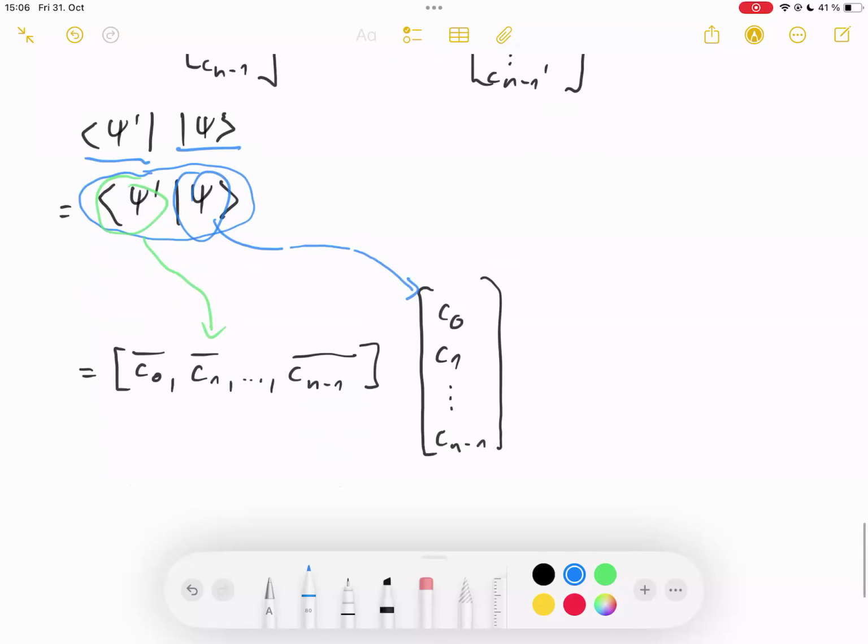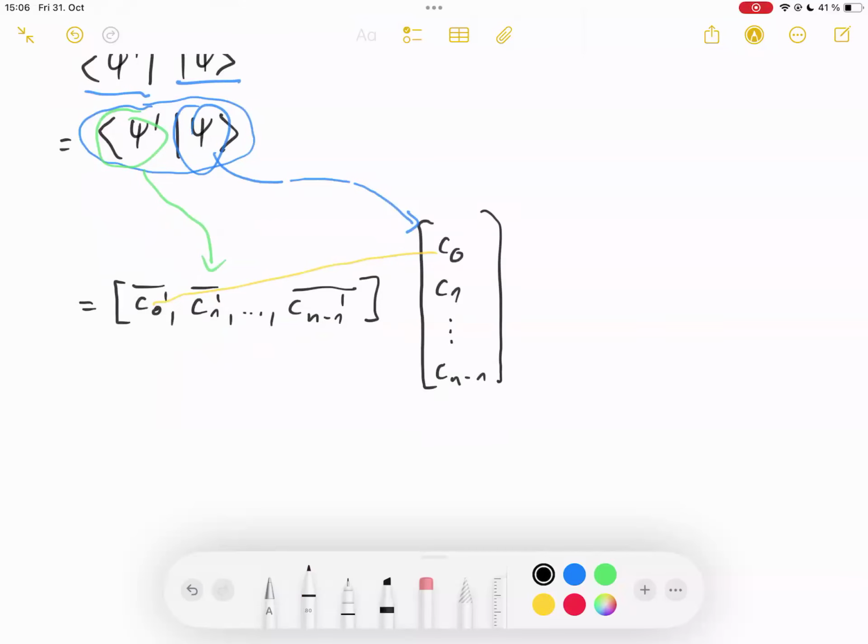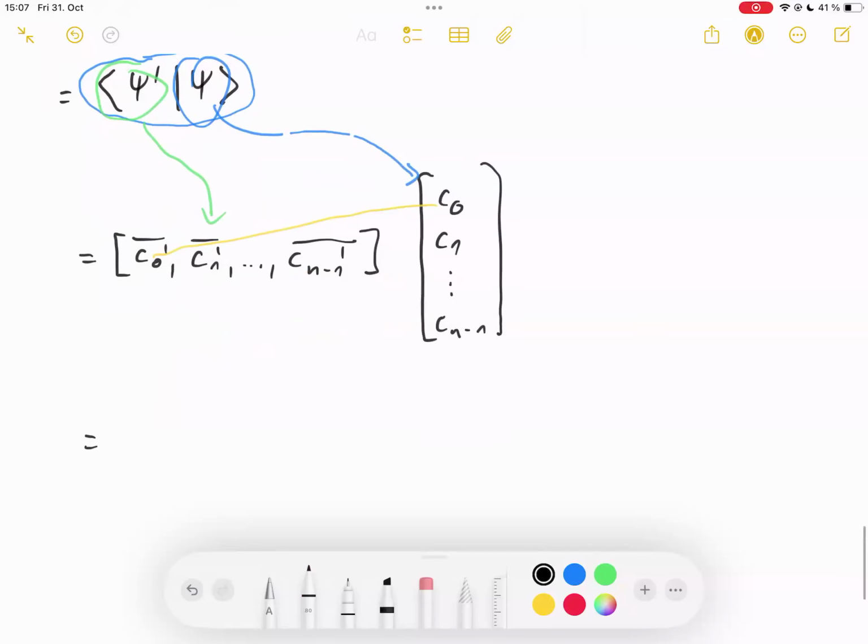We have a row vector on the left and a column vector on the right, so we just multiply this element-wise. I should probably still add these primes because it comes from the |ψ'⟩. So I multiply c0 with the conjugate of c0' and so forth, and finally I just get a sum of products.